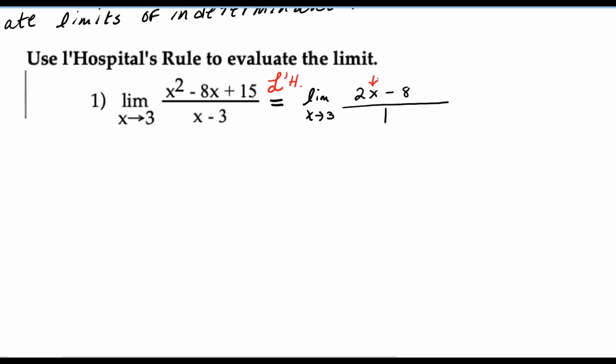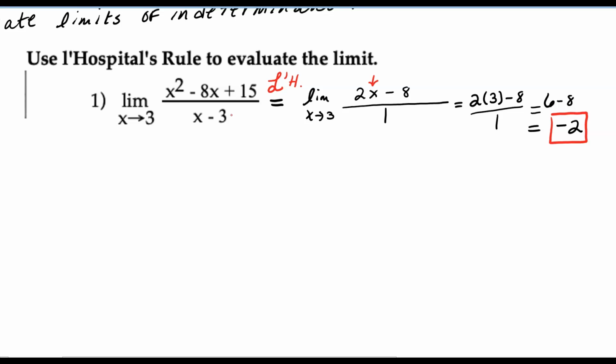Well, the answer is yes, because you don't have to worry about 0 in the denominator anymore. So 2 times 3 minus 8, all divided by 1, and we don't need to worry about the divide by 1. This ends up being 6 minus 8, which is -2. And so that is the answer for our limit: the limit as x approaches 3 of all of this ends up being -2.